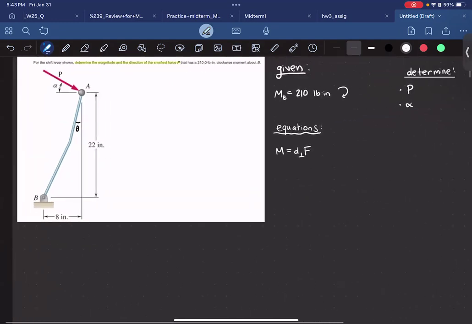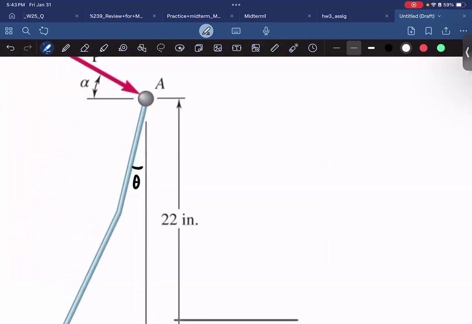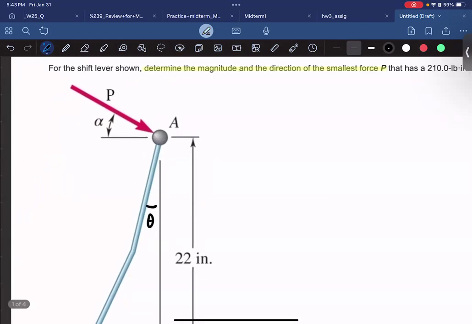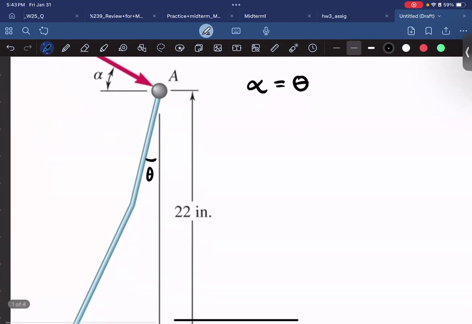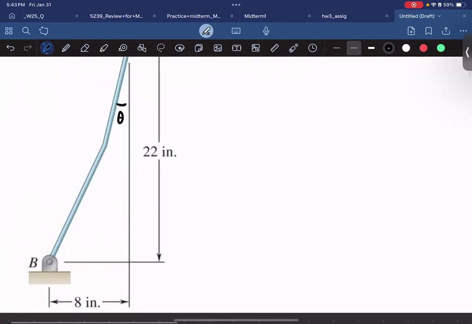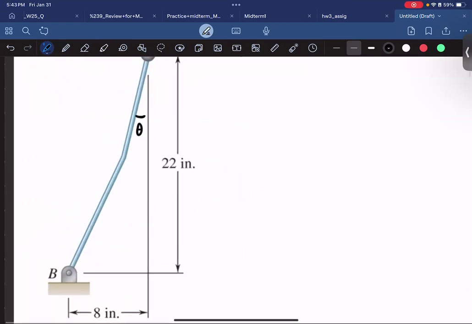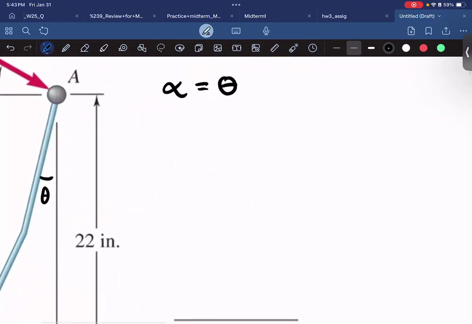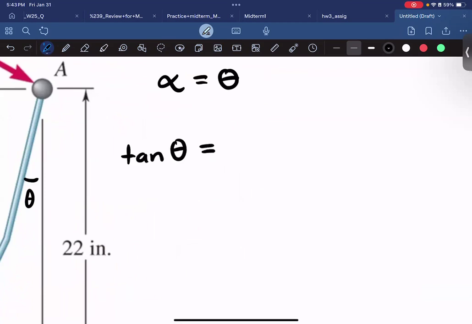So as you can see, I've denoted a theta angle here. And for this value to be at its minimum, we want to set alpha equal to theta. To find that value, we can see that a triangle forms here. We know that tangent of theta is equal to opposite over adjacent.